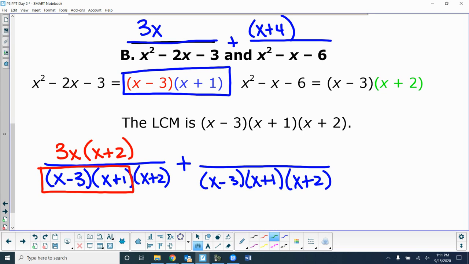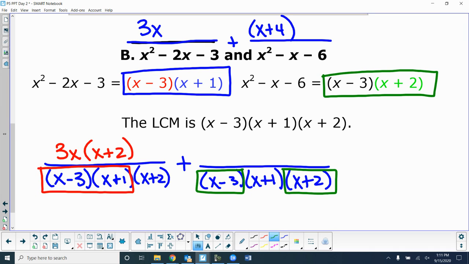Okay, here's the original denominator, which is those two, right? So what do I have to multiply x plus 4 by? The x plus 1.